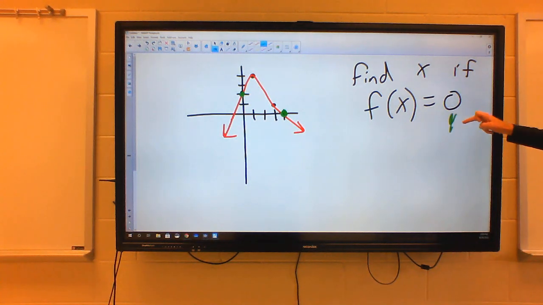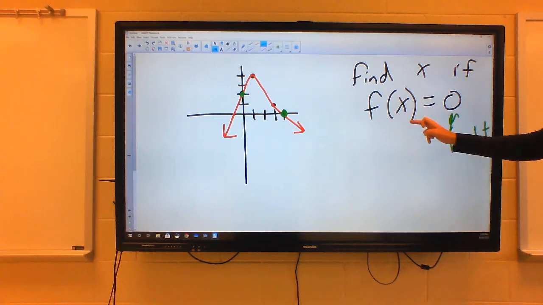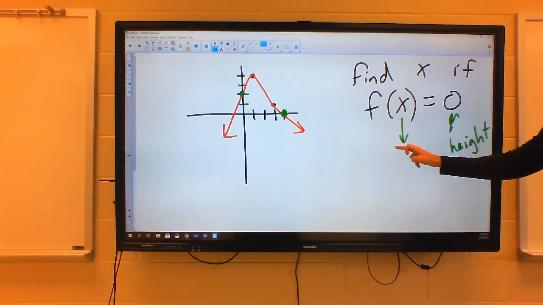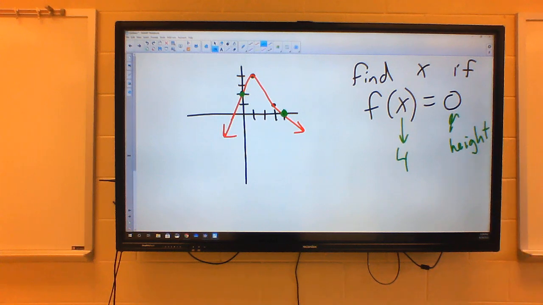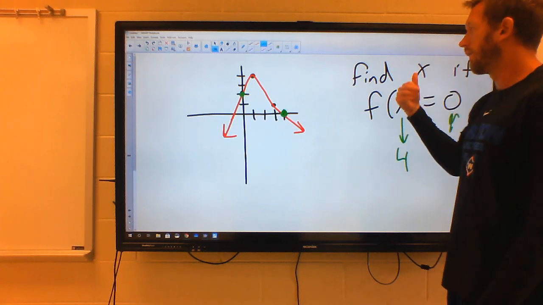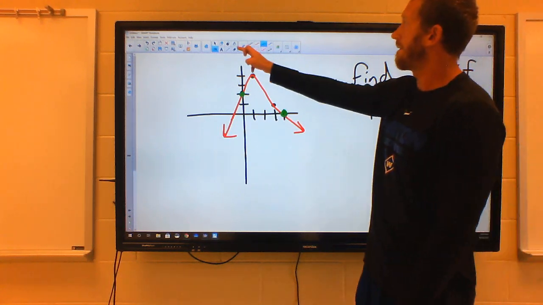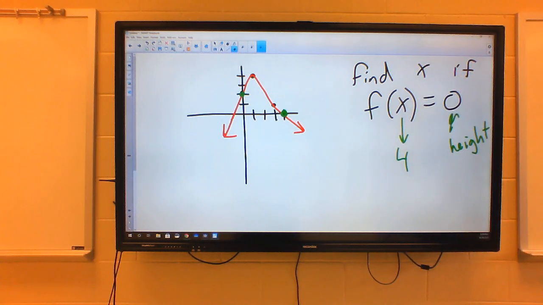Because now we're saying the height is 0, and we're looking for what x gives us a height of 0. Well, the x value of 4 gives us a height of 0. Okay? Find x if f of x equals 0.